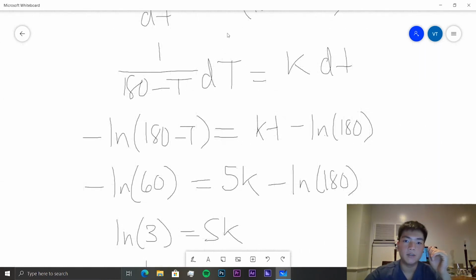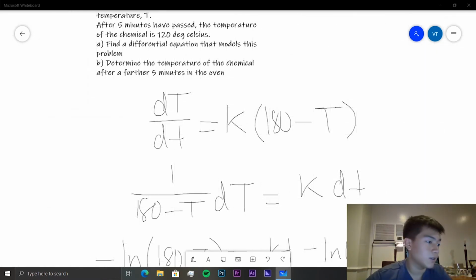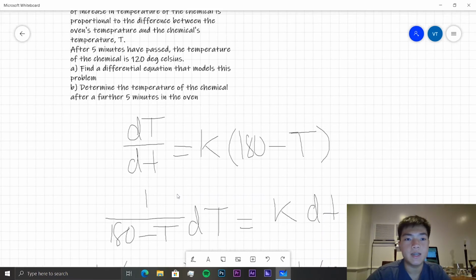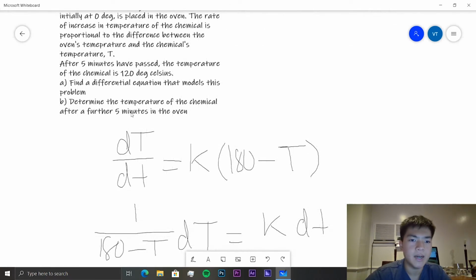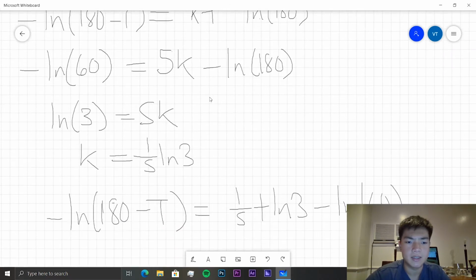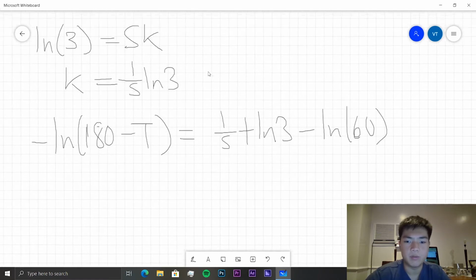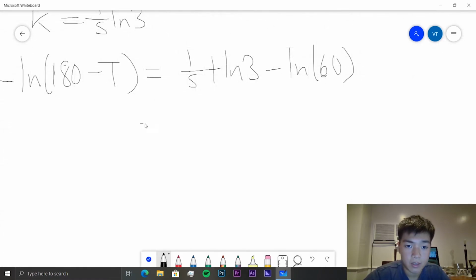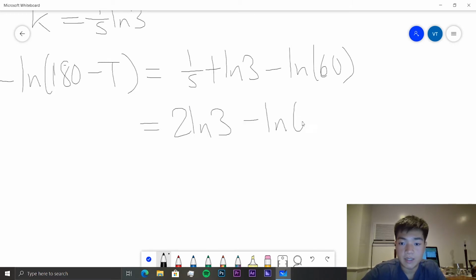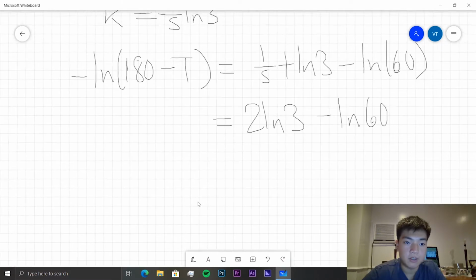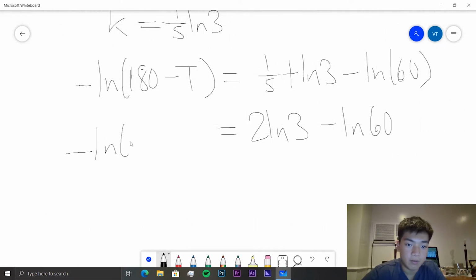We don't actually need to rearrange this to get it in terms of T. We simply need to determine the temperature after a further 5 minutes in the oven. So if we add 5 minutes, we get 1/5 times 2, so this is 2 ln 3, minus ln 180, is equal to negative ln of (180 minus T).